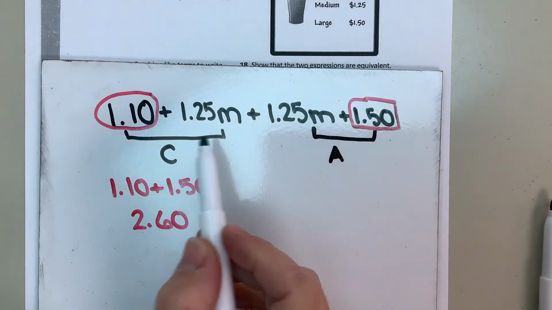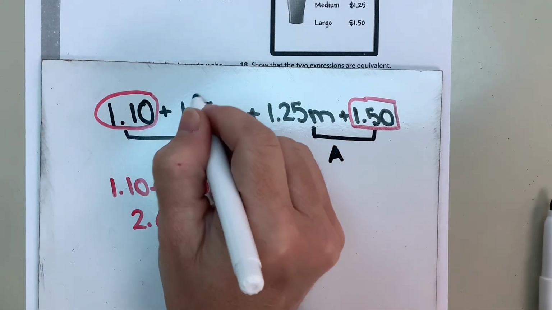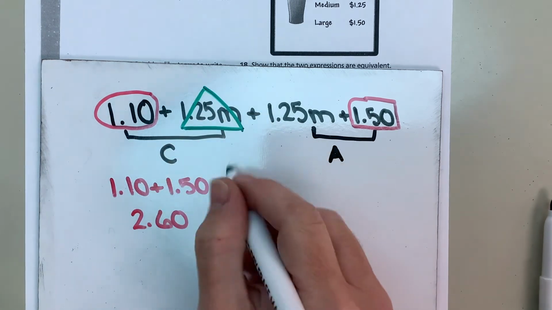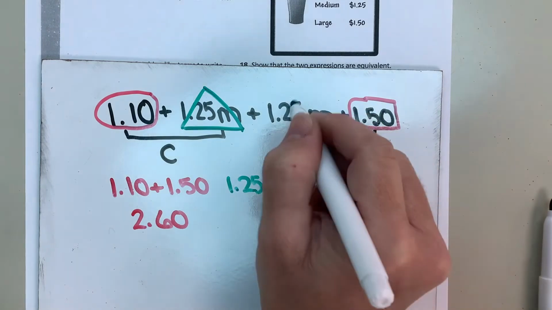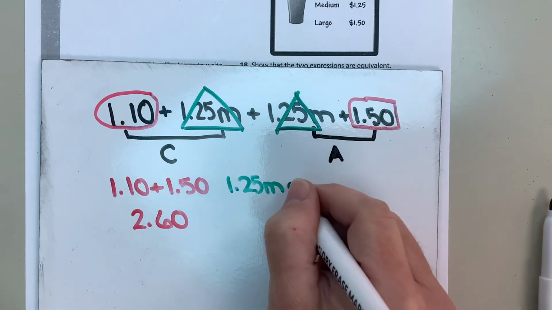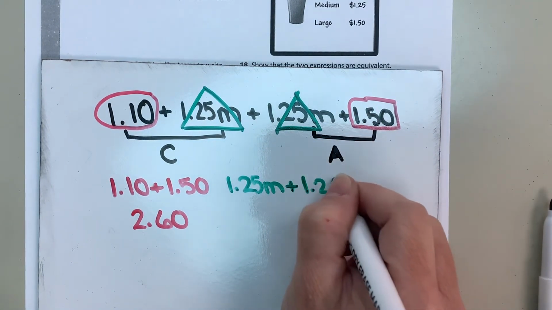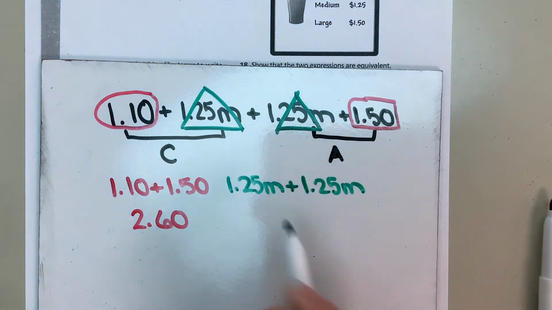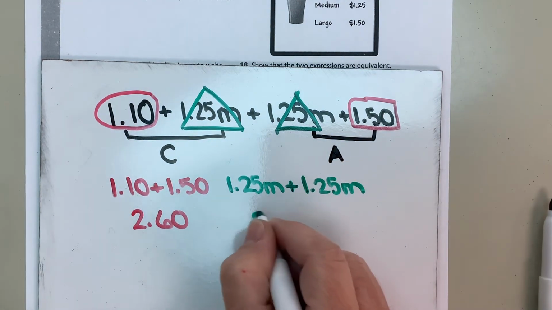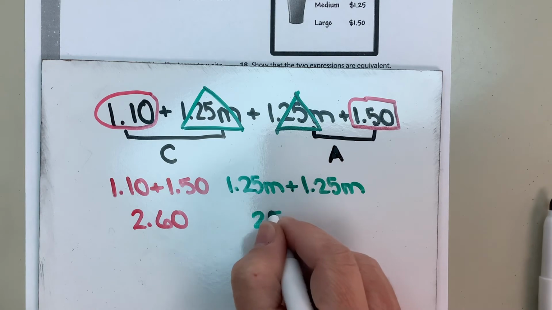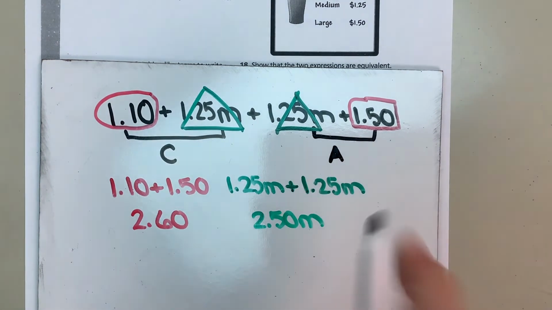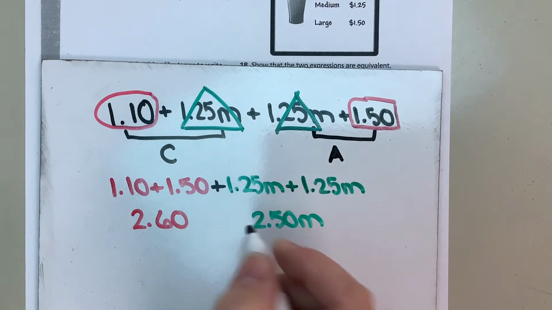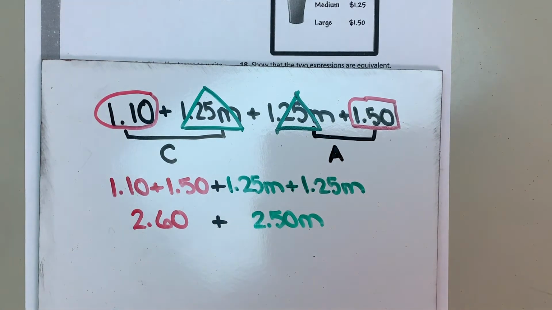We have these medium drinks. So now I have this medium drink, $1.25 M, and I have another one of those, plus $1.25 M. So $1 plus $1 is $2, 25 cents plus 25 cents is 50 cents M. And I'm going to not lose the fact that these are added together.